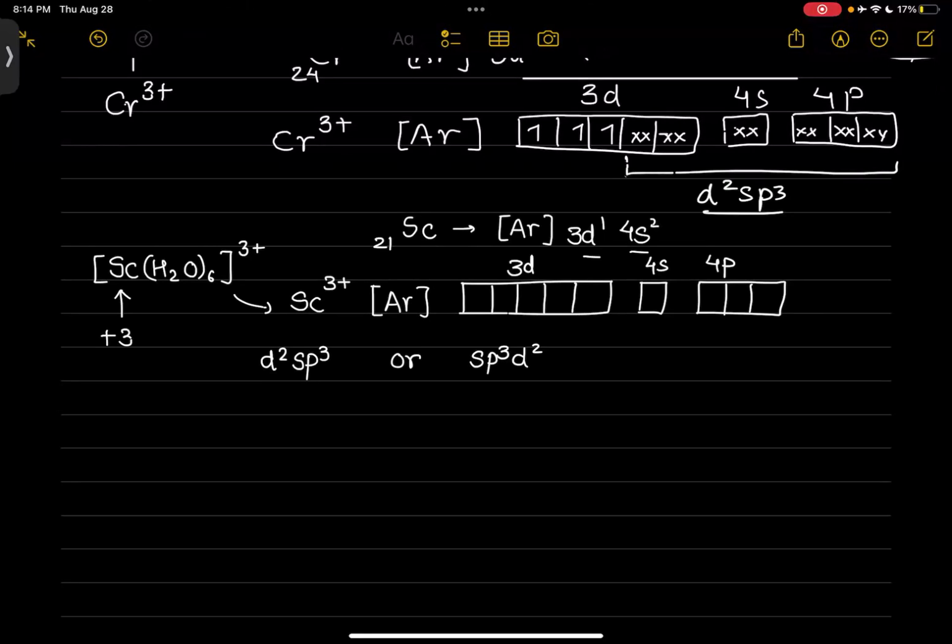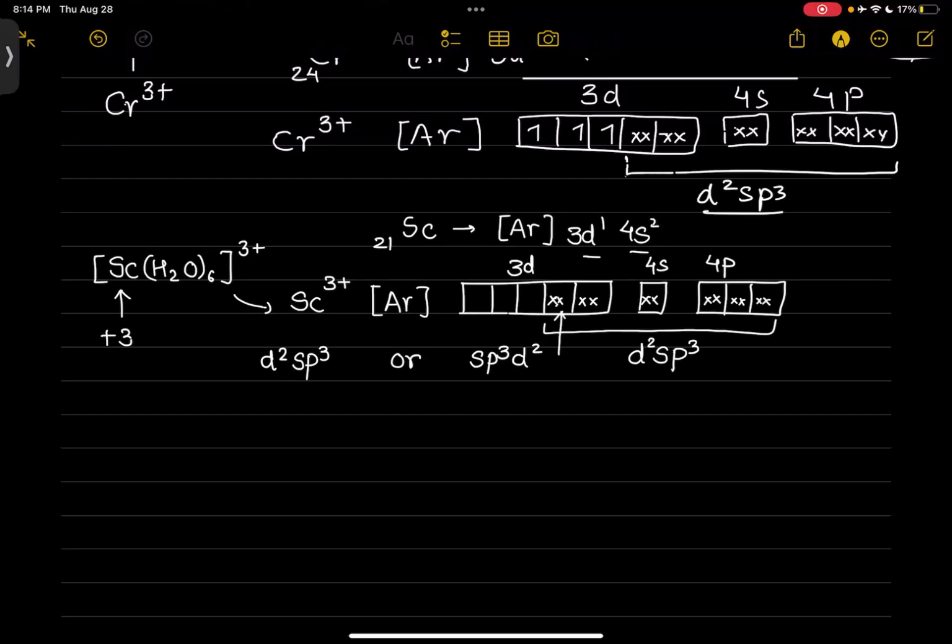So what we are going to do over here is take 2 of the d orbitals, and one s. d2sp3 is going to be the hybridization, and the aqua ligand is going to donate its lone pair.